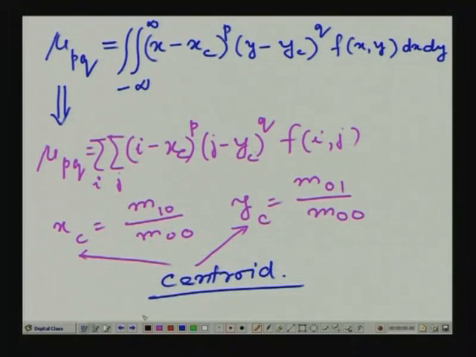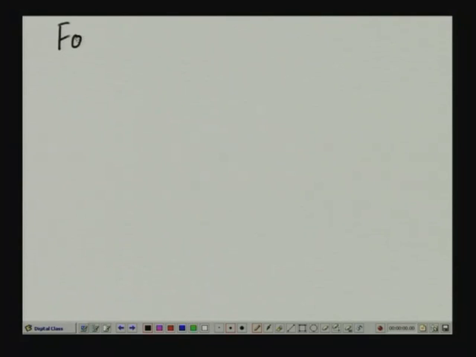But these moments are not rotation and scale invariant. So, people have tried to find rotation and scale invariants from these moments. There are 4 different moment invariants which have been suggested.